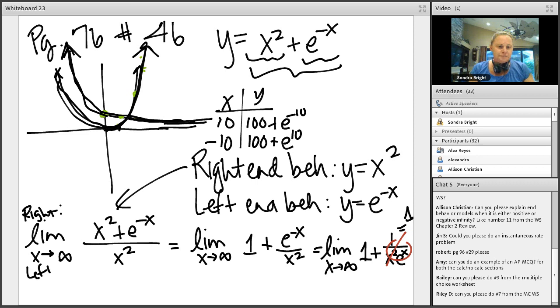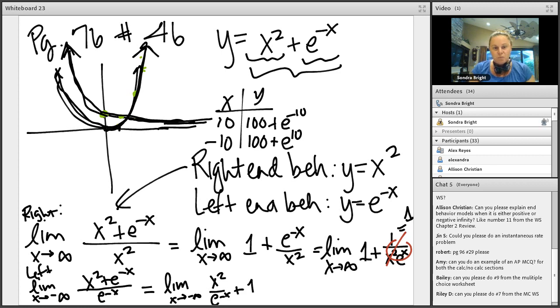Left-hand side, you want the limit as x goes to negative infinity, since we're doing the left. You're going to put the original function, x squared plus e to the negative x, up top. You're going to divide by the function that you're saying is the left end behavior, which we said was e to the negative x. And then we can split that up, and that would be the limit as x goes to negative infinity of x squared over e to the negative x plus e to the negative x over e to the negative x, which is 1.